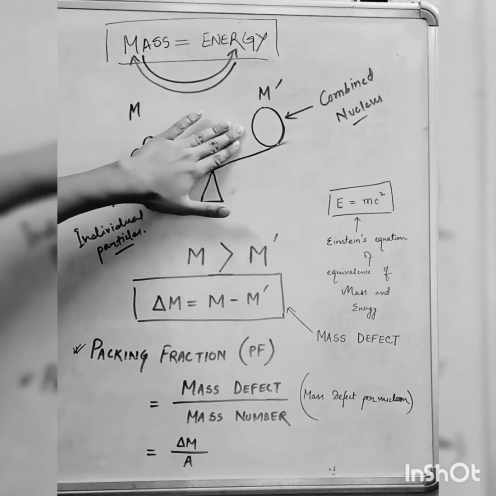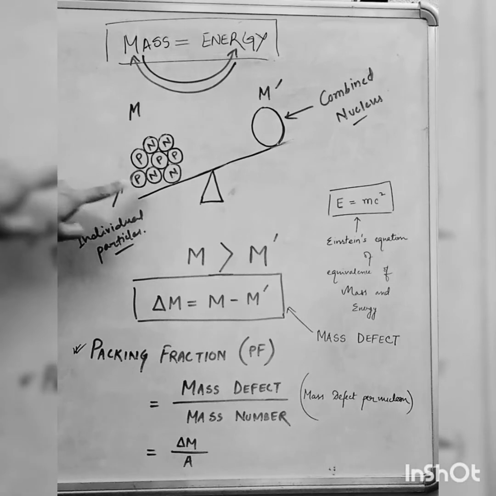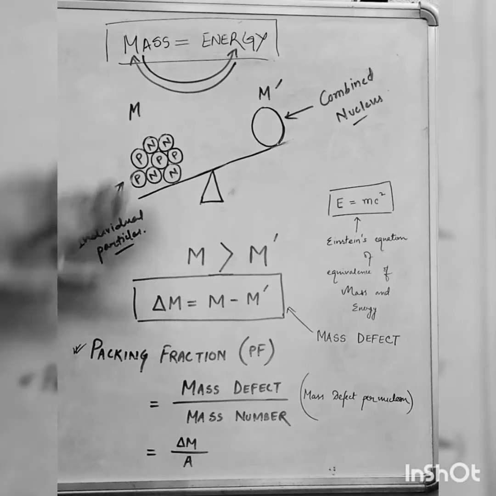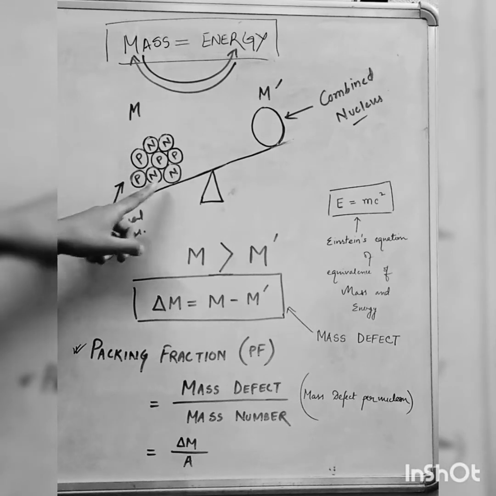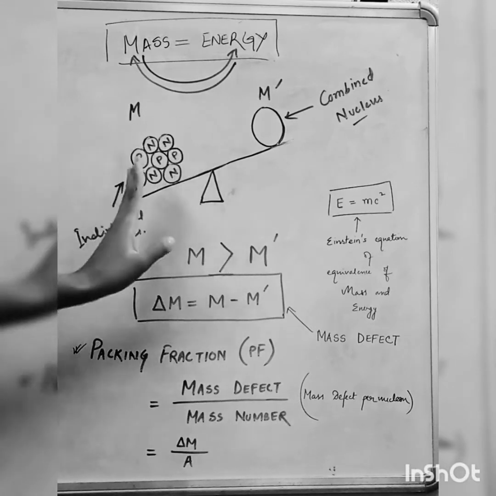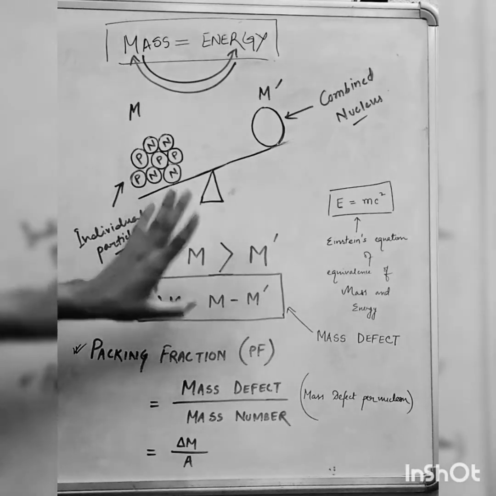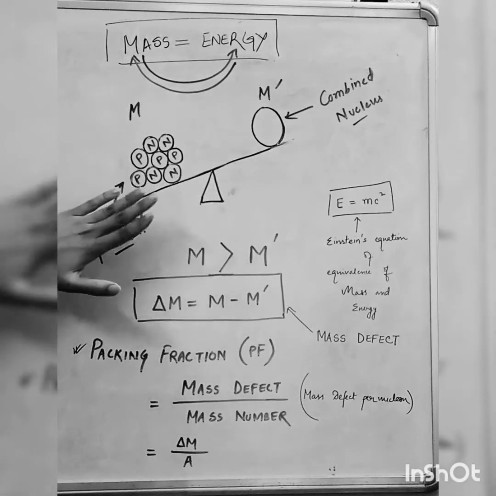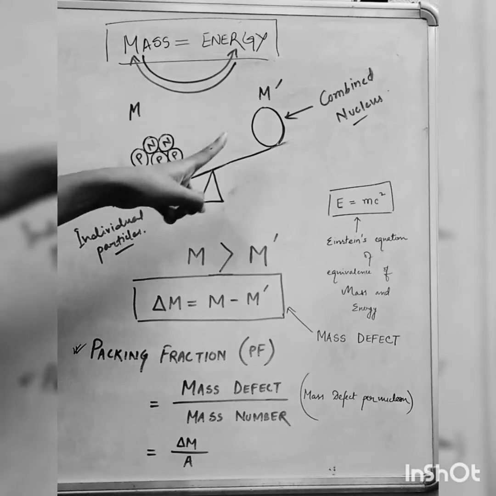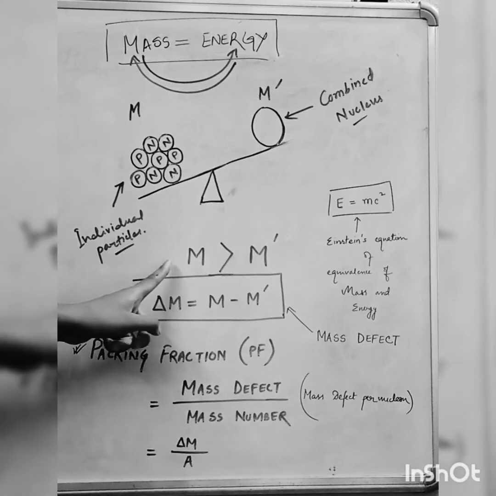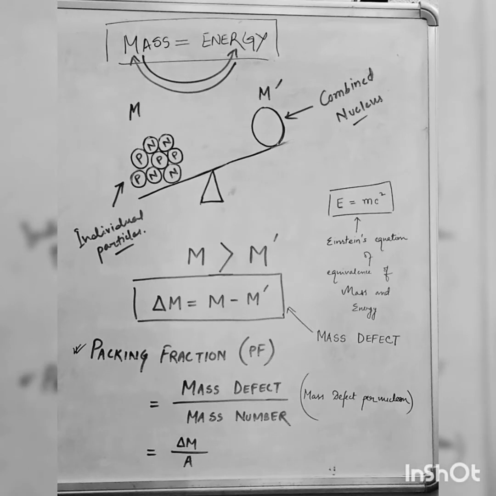So if you measure the mass of that nucleus, and then take all the constituents separately as individual particles and measure their mass, you would expect the constituents and the combined nucleus to have the same mass, but it doesn't happen. What happens is the individual particles' mass is always greater than the mass of the nucleus. So here m is the mass of the individual particles, and m dash is the mass of the nucleus.